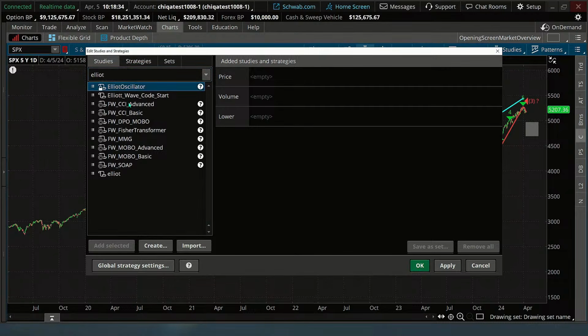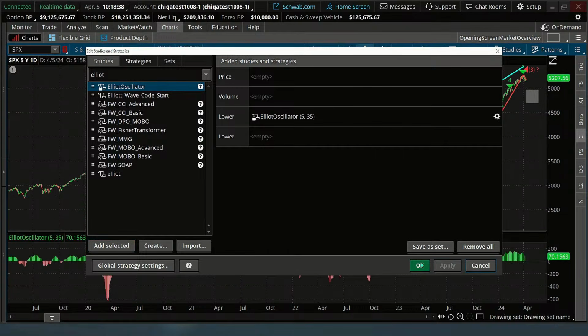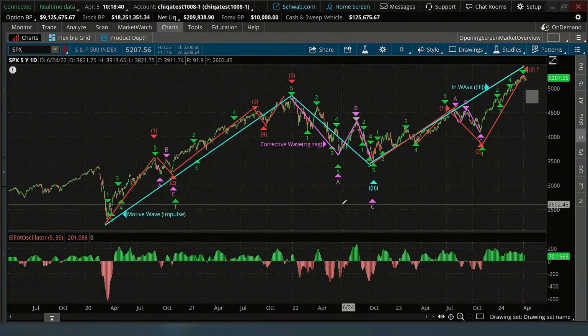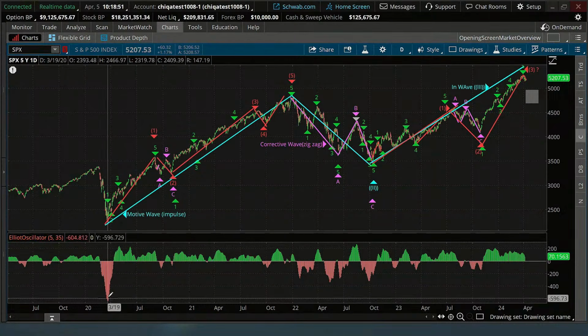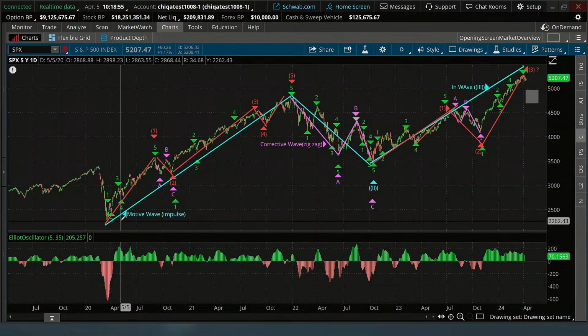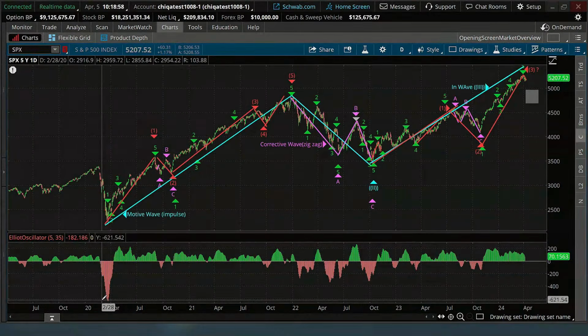All right. And then we are going to go to the Elliott oscillator. What is the Elliott oscillator? Consider it almost like a MACD. It's using two moving averages, a 5 and a 35 period moving average, to try to show you dips in waves. So you can see it also picked up for us, right? The big starting point.